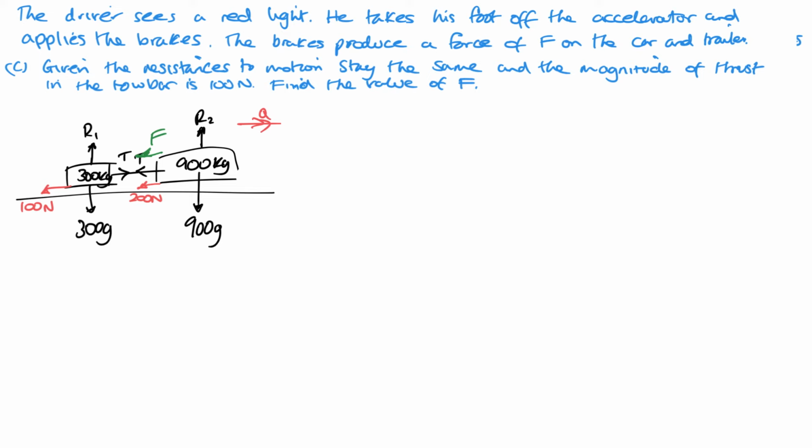Okay, given the resistances to motion stay the same and the magnitude of thrust in the tow bar is 100 newtons, find the value of F. Now it's this type of question, well, this part of the question, which is where it gets a little bit harder. So let's look at the trailer.